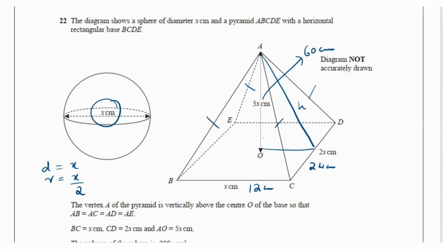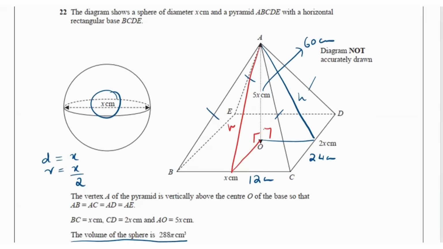And then for the triangle ABC and AED, this is my other height. So they're both right angle triangles. Using Pythagoras, we can find the length of this height, and then use that to find the area of the triangles for the pyramid, and that will be further used to find the total surface area along with the base area. So let's first start with the blue triangle.